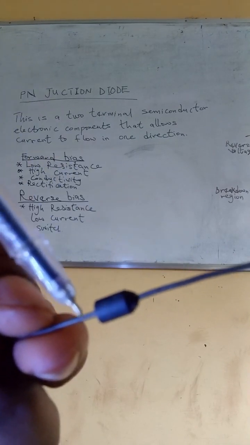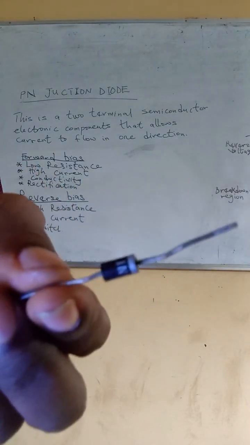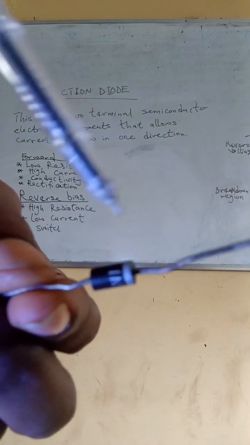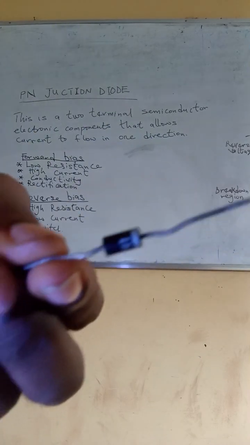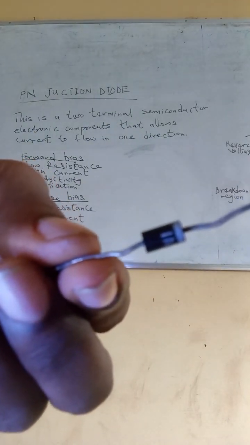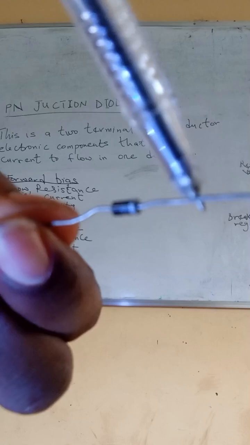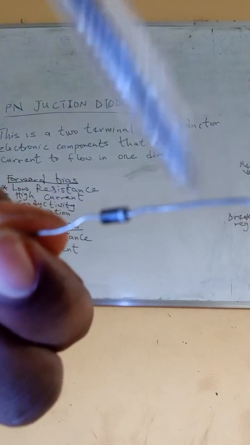The unmarked side is positive. This is a bigger one, and we still have some smaller ones, like this. This one is a smaller cathode, and this is anode positive, cathode negative.